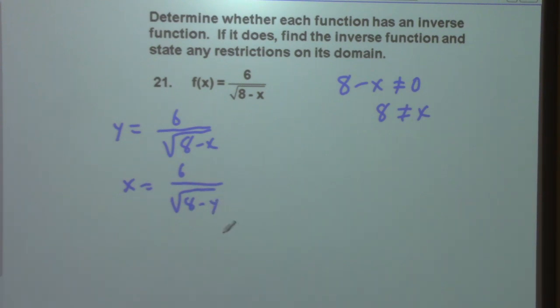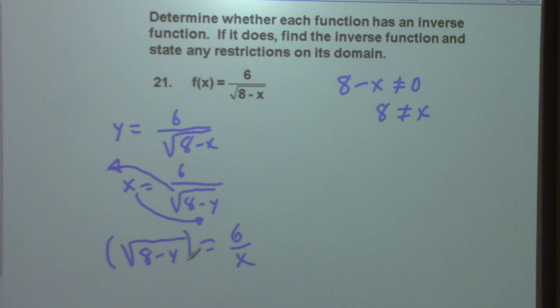Is that right? And then if we go ahead and cross multiply, we could take this x and cross divide the x, so we'd have square root of 8 minus y equals 6 over x. Does that look right?